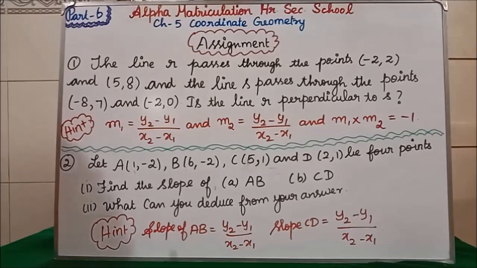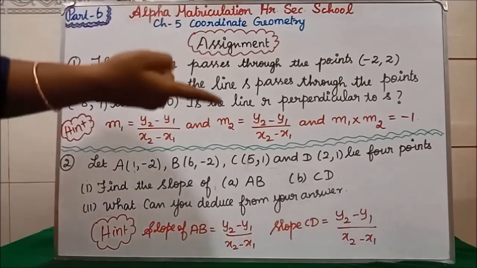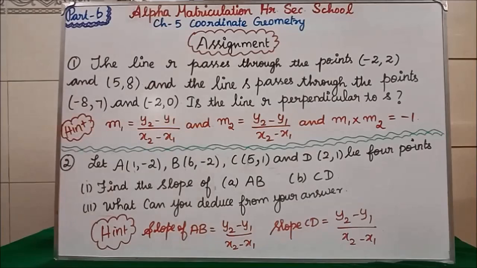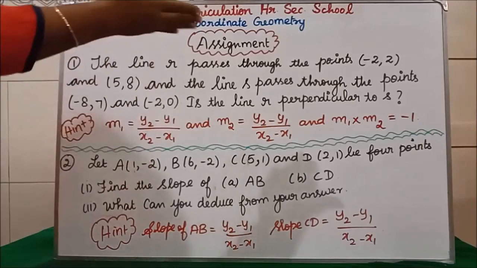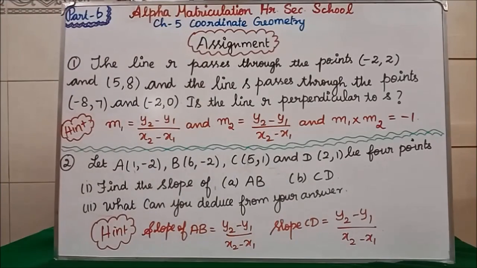Otherwise, suppose if you are getting M1 into M2 equal to minus 1 means AB and CD are perpendicular, like that you have to write. Clear all of you? But this second subdivision, the AB and CD will be parallel only you will get. What answer you are getting for AB, the same only you will get for CD also.